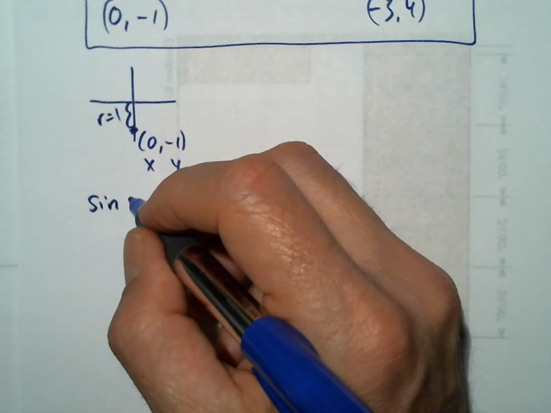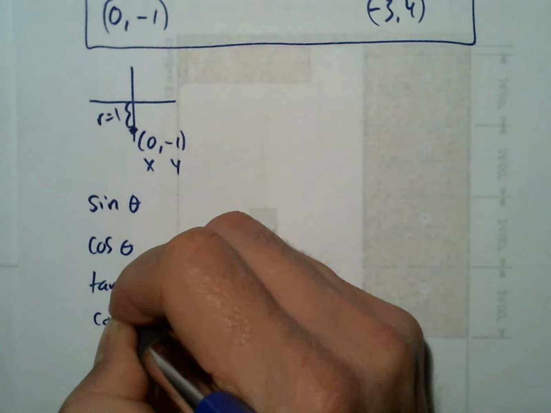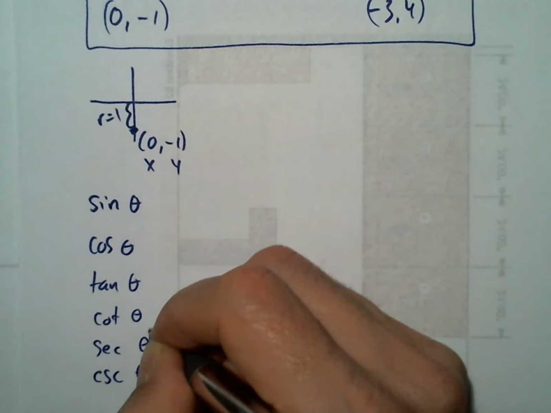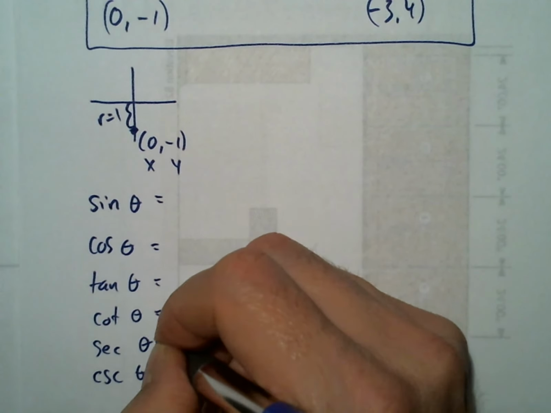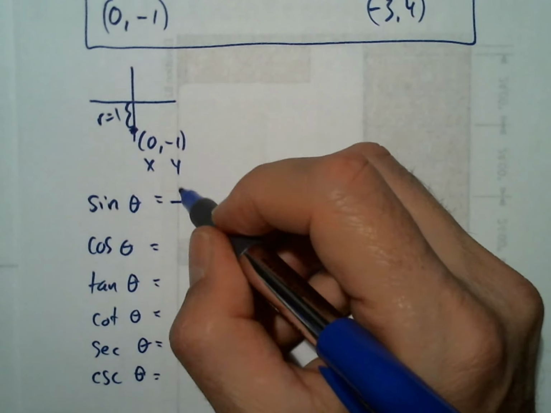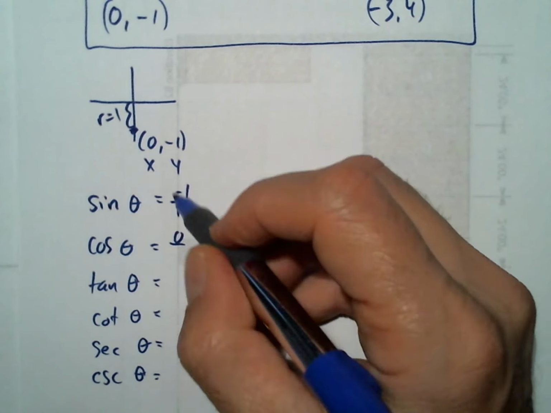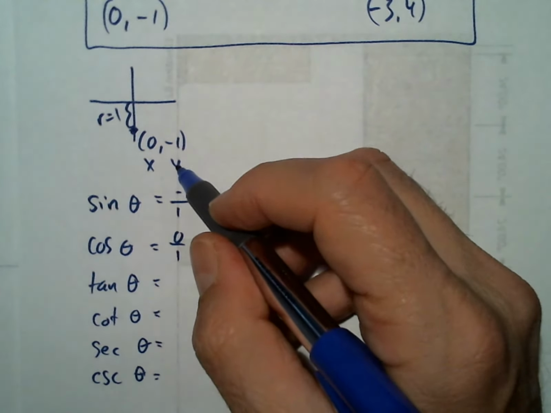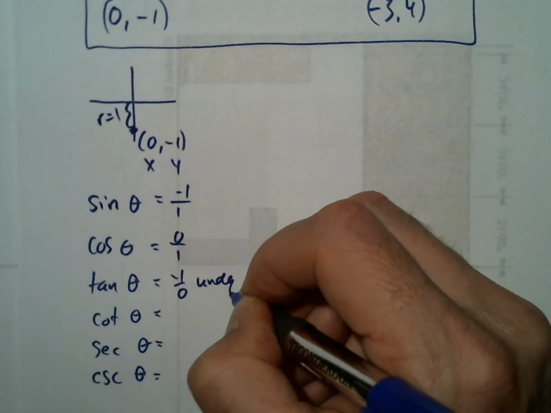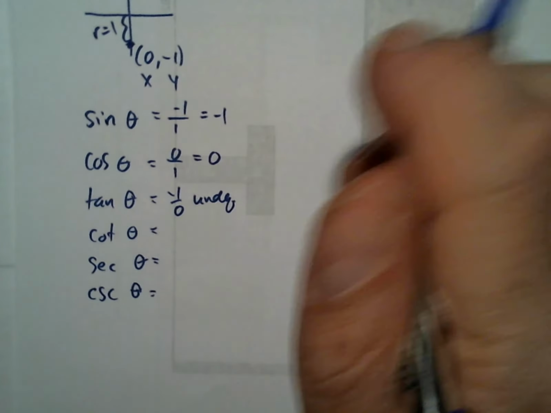Sine, we need y over r. Cosine will be x over r, tangent y over x, and then we can do the reciprocals.